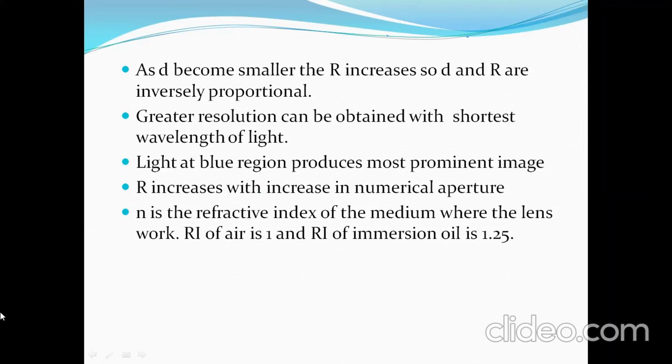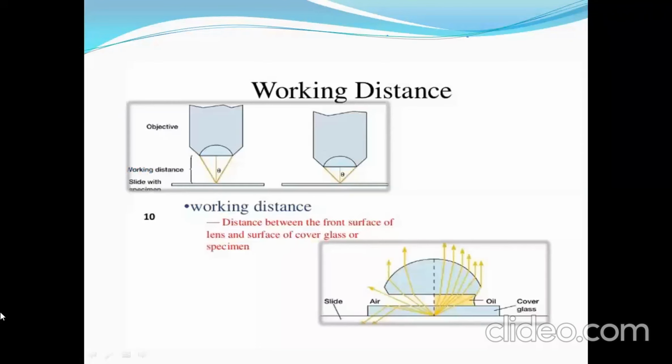So obviously, if we are using the blue region of light and if we are using immersion oil instead of working in air, we can have a better resolved image. Because, as we will discuss in the next portion, we cannot increase theta much more. So what is theta? If this is the objective lens and this is the specimen, you can see the light entering the objective lens, and half the angle of this entering light is theta.